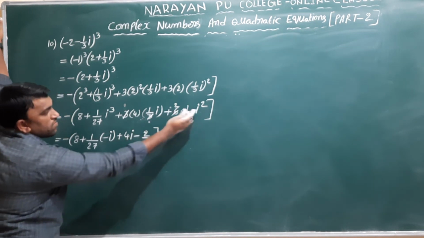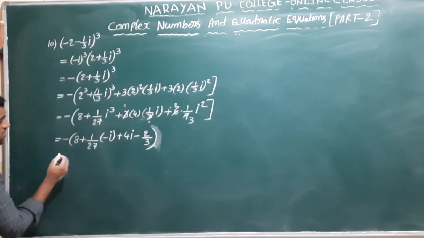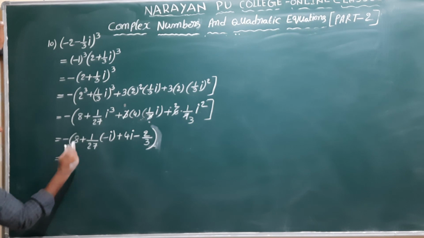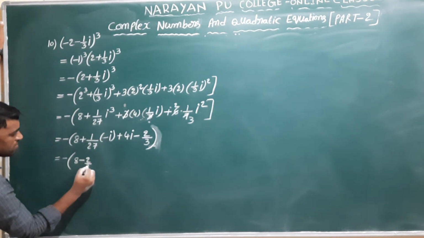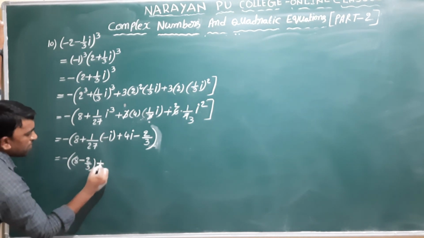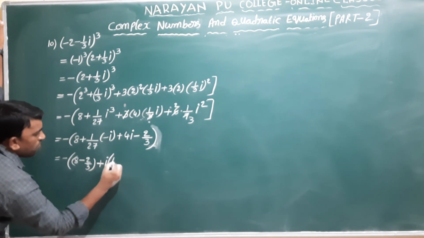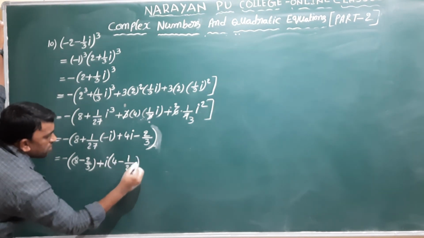Why is it minus? I square value is minus 1. Minus of, first the real parts write one side: 8 minus 2 by 3, plus i, 4 minus 1 by 27, we can take it.